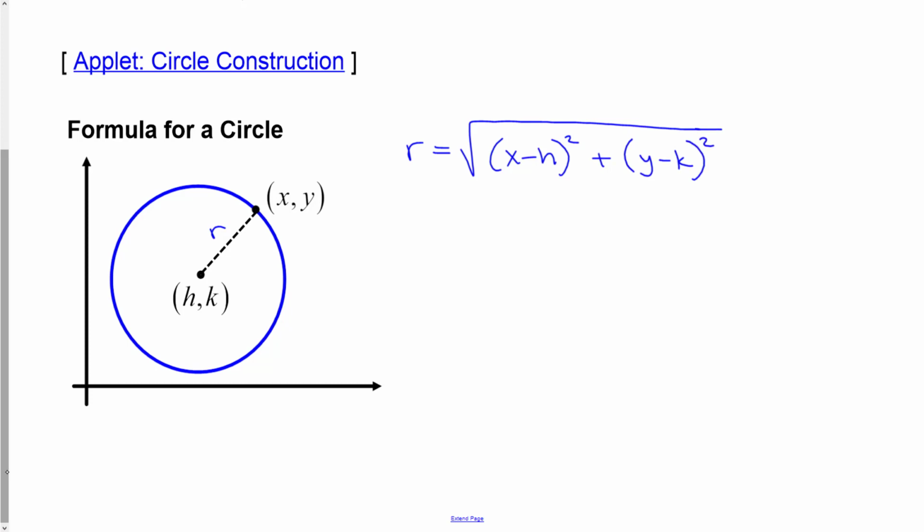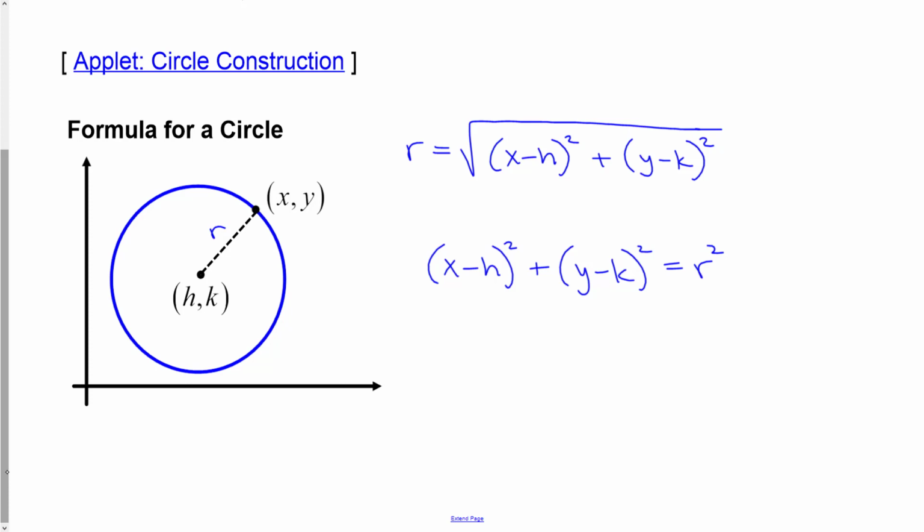Or instead of expressing it this way, generally the standard equation for a circle is written as (x minus h) quantity squared plus (y minus k) quantity squared equals r squared. And there's the general form of a circle.